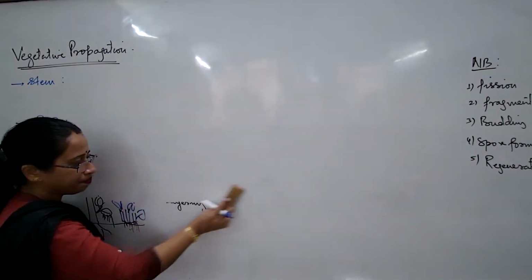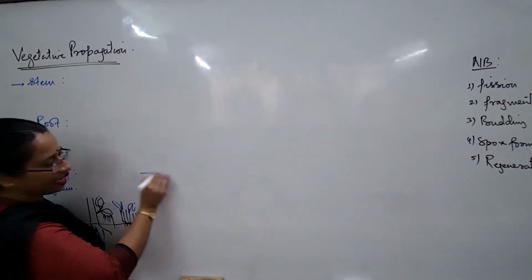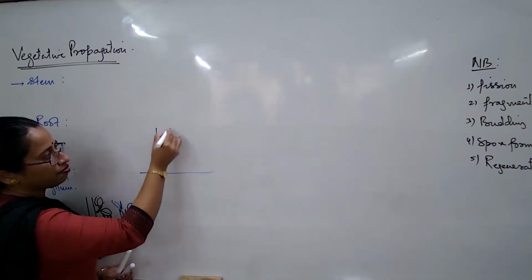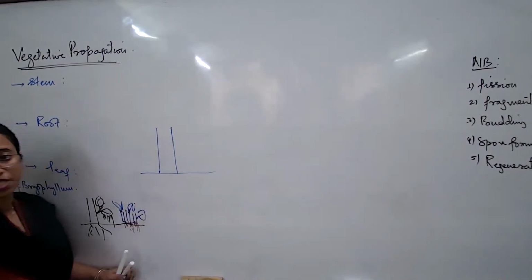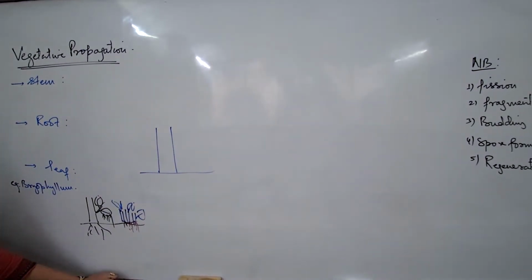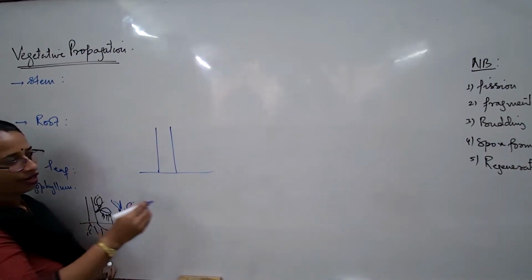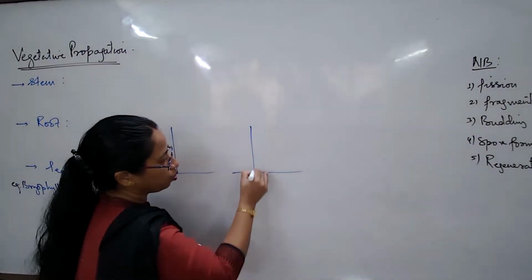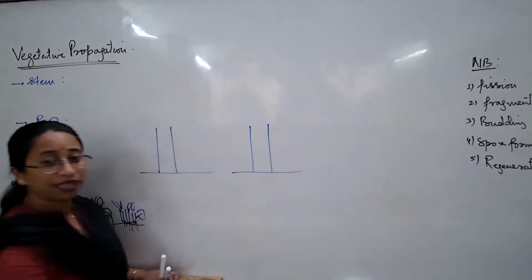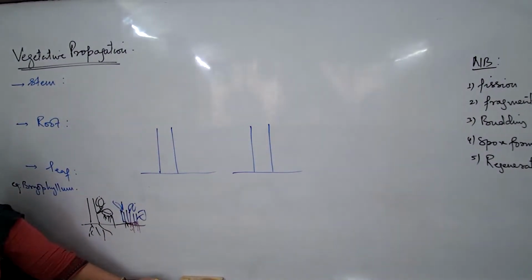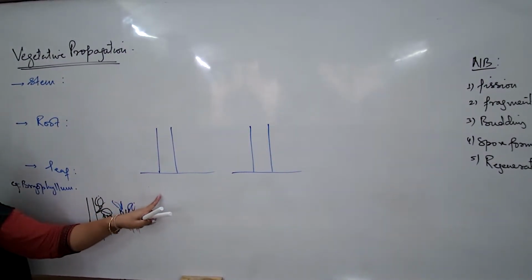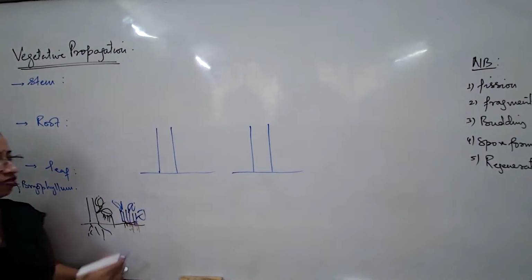Let us see. In certain cases, this is generally for tall, big, well-developed trees like guava and mango, where there are two related species. I talk about two species of mango, two species of guava.